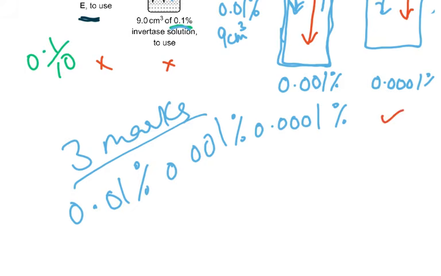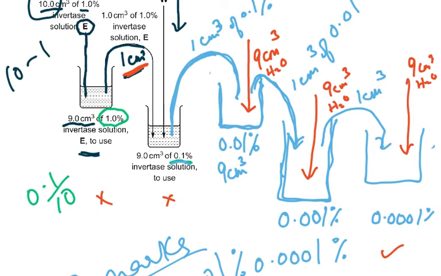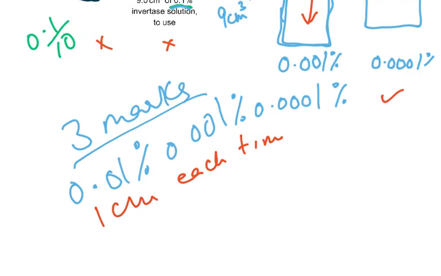Then if you showed me that you had transferred 1 centimeter each time, like here you can see we have transferred 1 centimeter each time. This transfer is the one which you had shown here and then here again. So if you had shown me that, you got another mark for that.